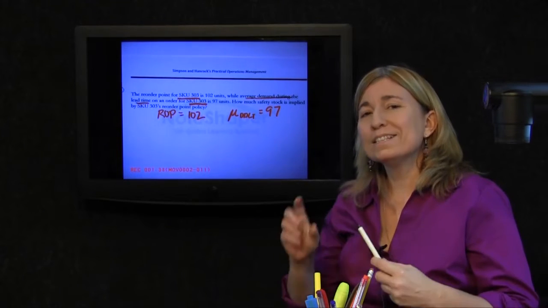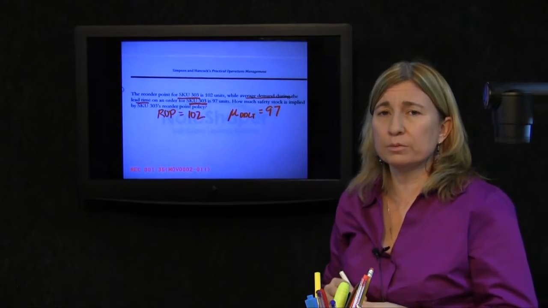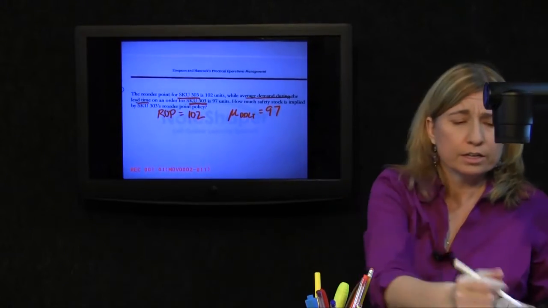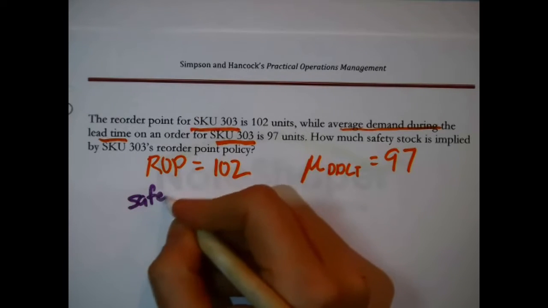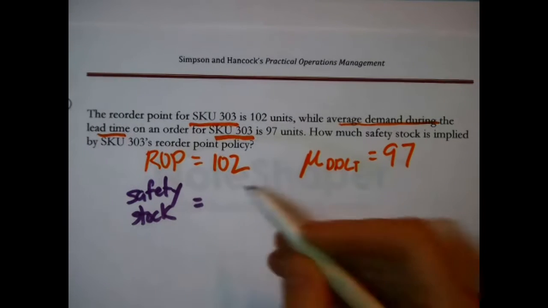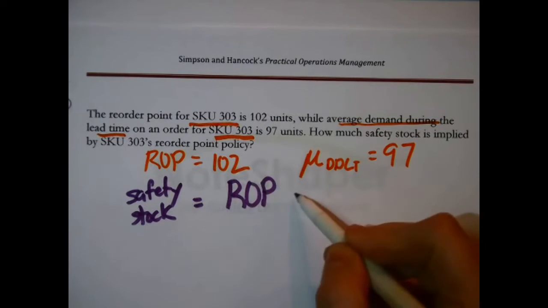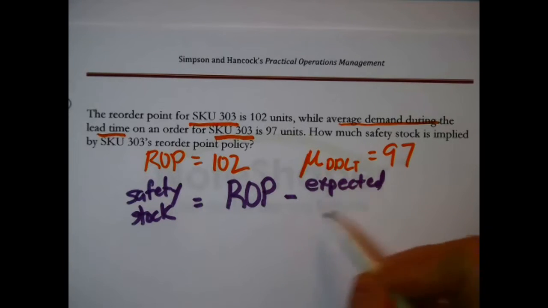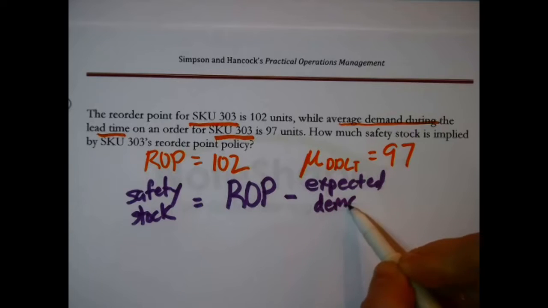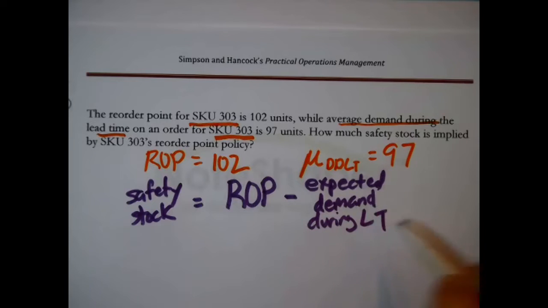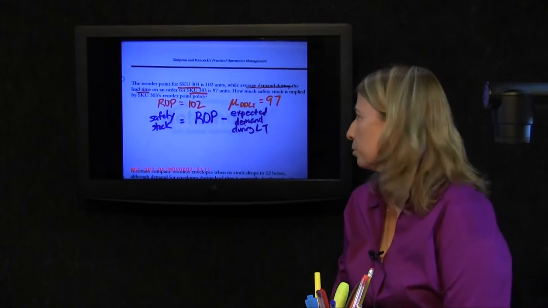Okay, fine. What is the safety stock implied by that reorder point? You can see the basic relationship there. Safety stock, how much you're keeping around just in case something unusual happens, is essentially the reorder point itself minus expected demand during lead time, or what I used up here, the mu for the average demand during lead time.